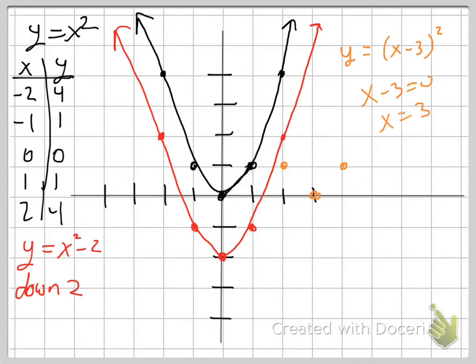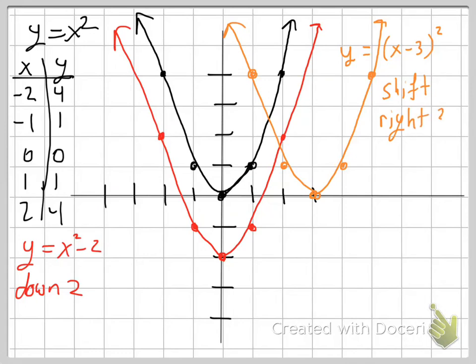That's why we've moved it all the way over to 3 here. So all those points are going to get shifted over, and we're going to draw the same picture. That would be a horizontal shift to the right 3 units.